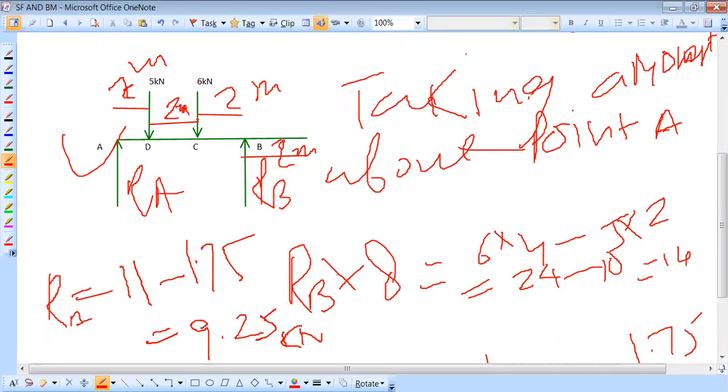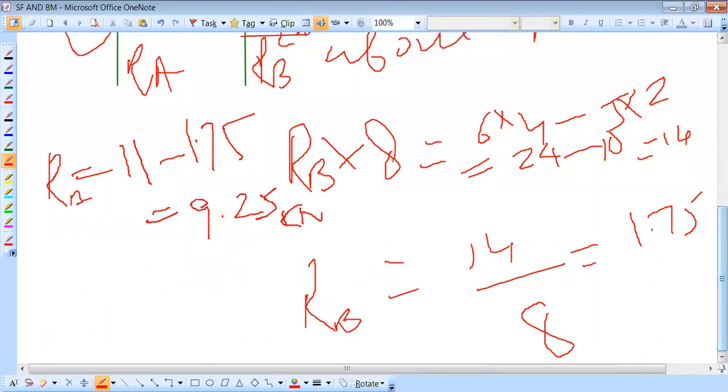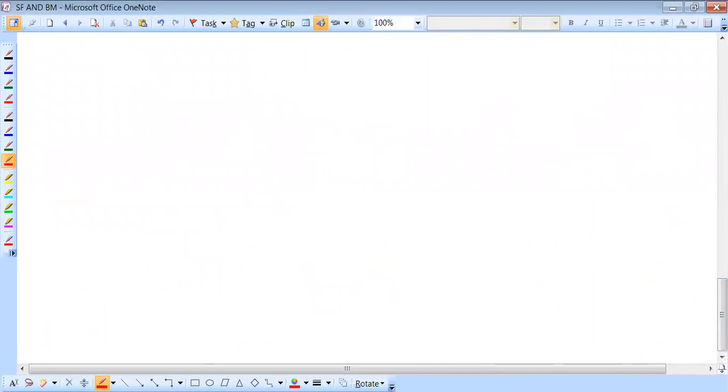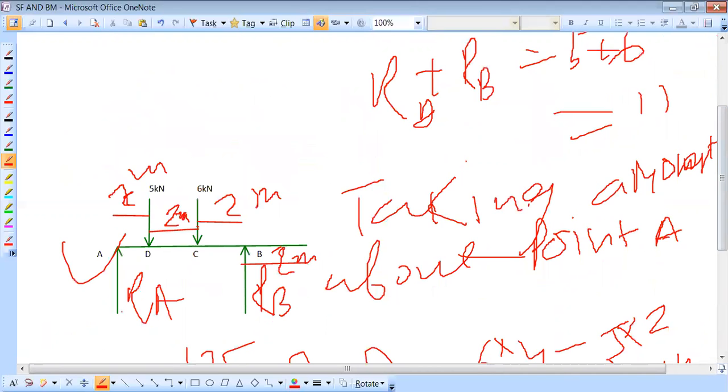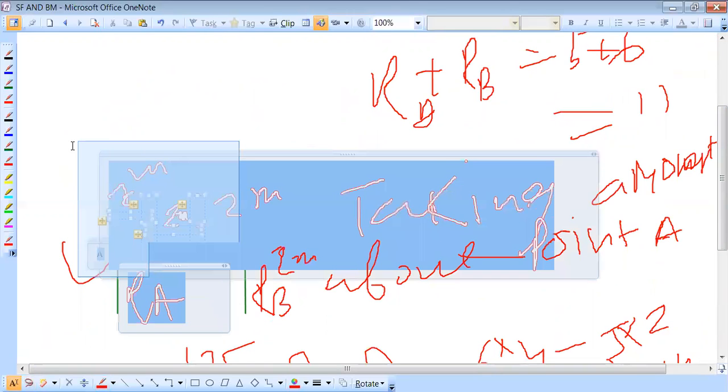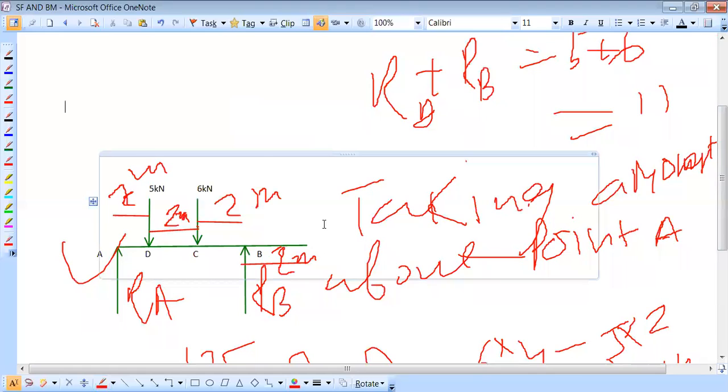Then draw the shear force and bending moment diagrams. How can I draw them? First of all, you draw the loaded diagram, which is also needed for the SFD and BMD.